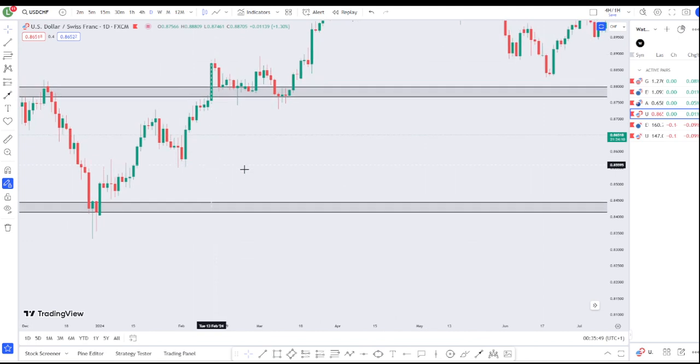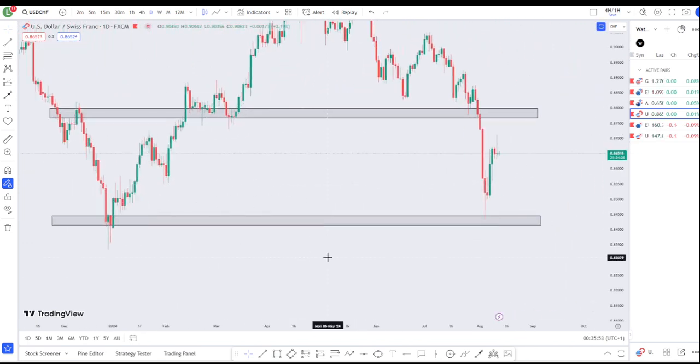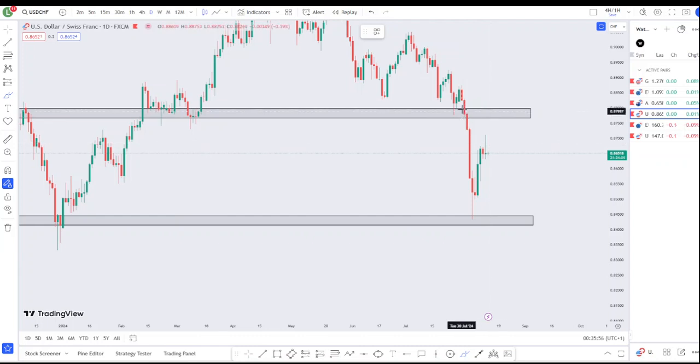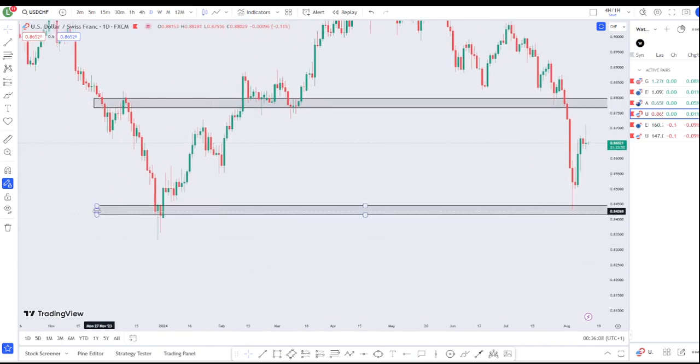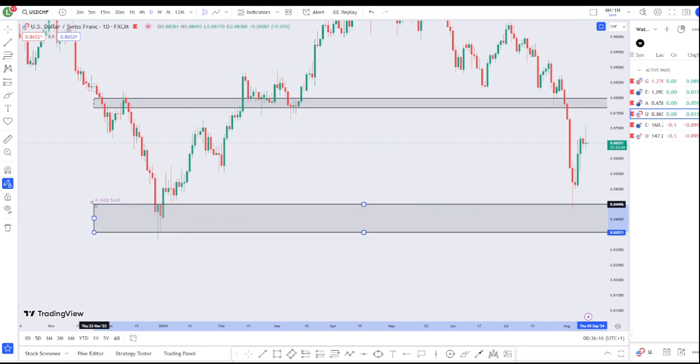Now, being able to get this analysis right on the daily time frame, I knew that the price would sell down to this key level to come and tap this bullish institutional order block. After that, I was able to map out my rectangle tool to give me a zone around this bullish order block.